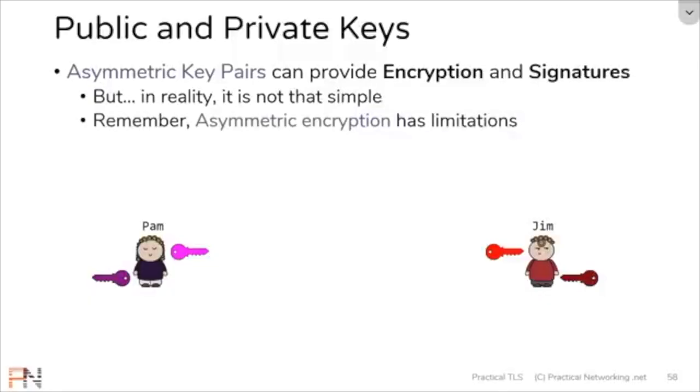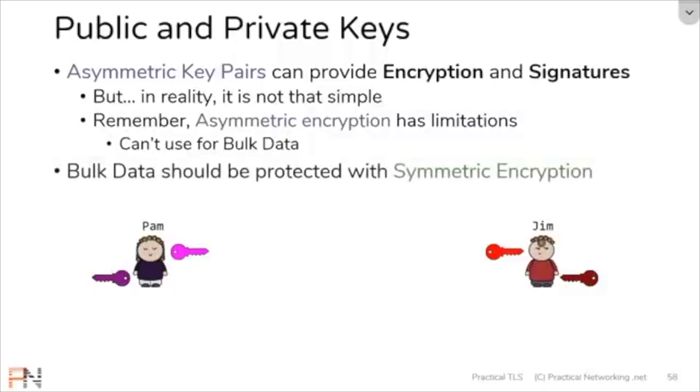Namely, that it's inefficient to use asymmetric encryption for bulk data transfers, because asymmetric encryption is slower and more taxing on the CPU. Instead, if we want to actually protect bulk data, what we want to be doing is using symmetric encryption. But symmetric encryption has this problem that we have to first establish a symmetric key on either side of the wire, and we have to do it in a secure way.